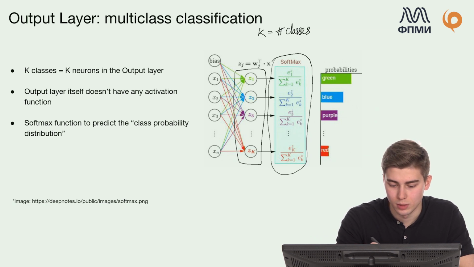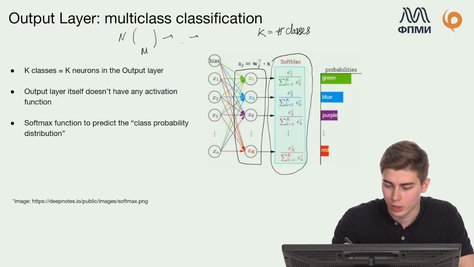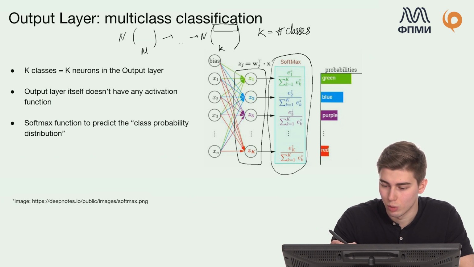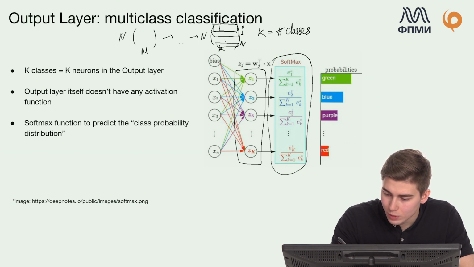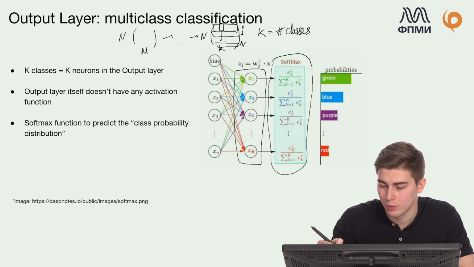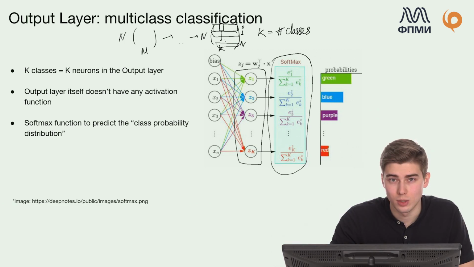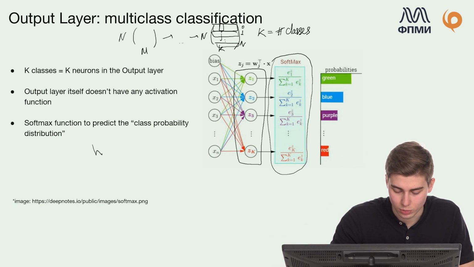So if we have the input feature matrix n by m, after the output layer we would have an n by k matrix, where each row consists of the probability distribution of the classes for the given object, for object 0, for object 1, and so on, and for object number n. Here the number in column j states the probability of the class j for this given object number 0.